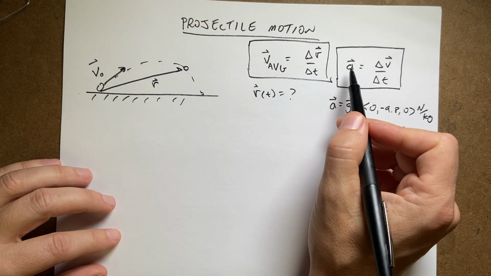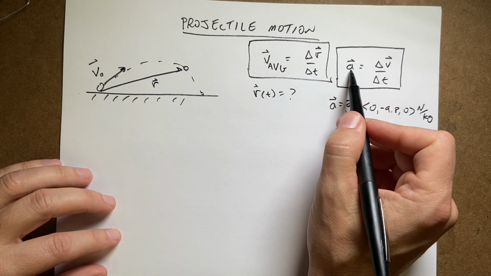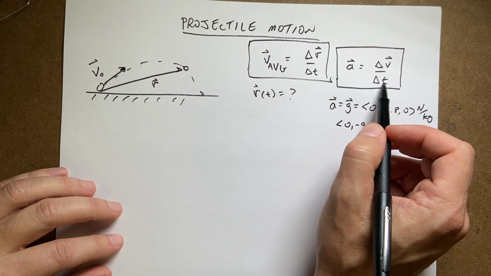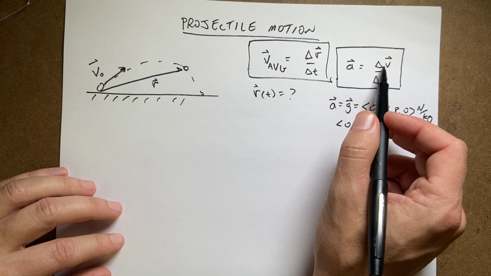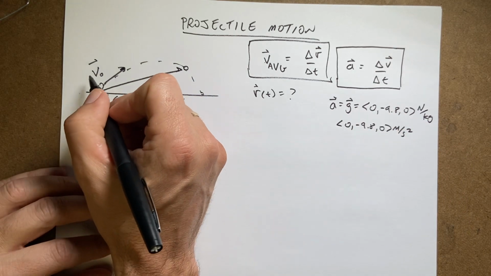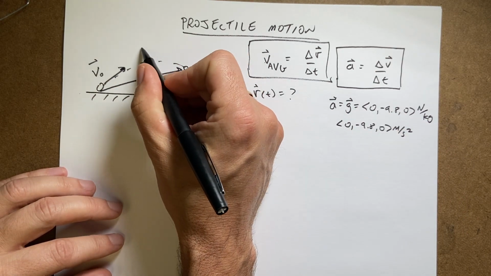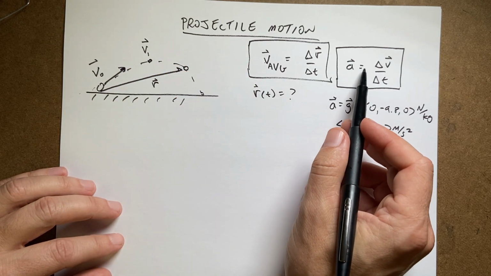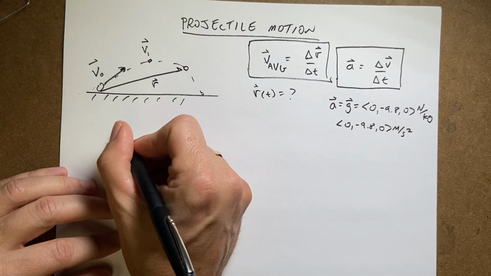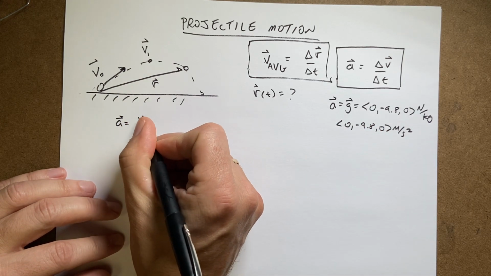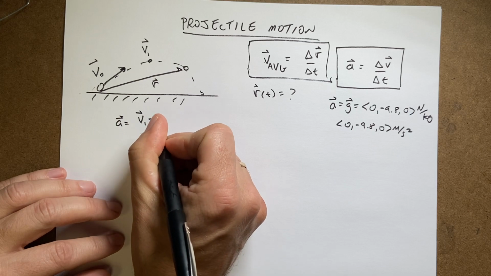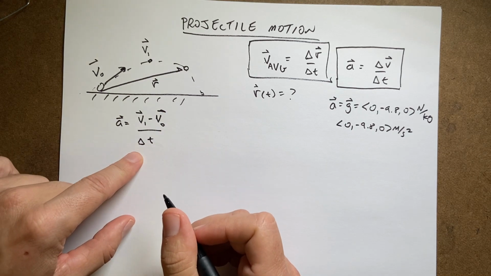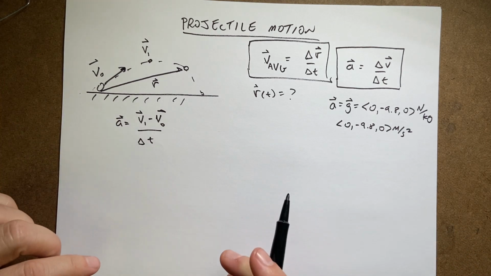So let me start up here with the acceleration g. I'm just going to call it a for right now. Okay. So a is the change in velocity over the change in time. If I take a time interval starting from, let's say, v0 to some other time here, I'll call it v1. It goes from 0 to 1. Then what would the change in velocity be? So I can write this as a equals v1 minus v0 over delta t, where delta t is going to be t1 minus t0, but I'm going to leave it as delta t.